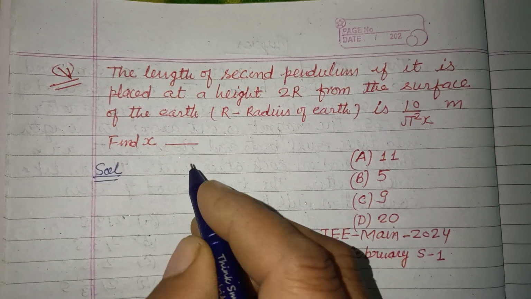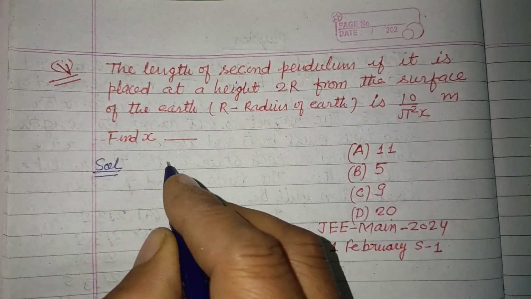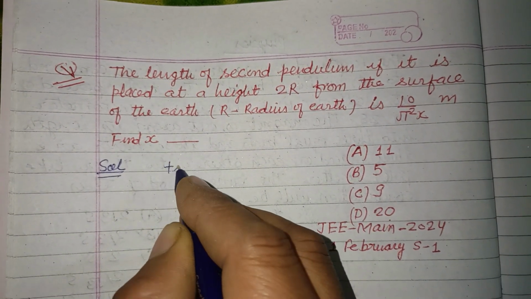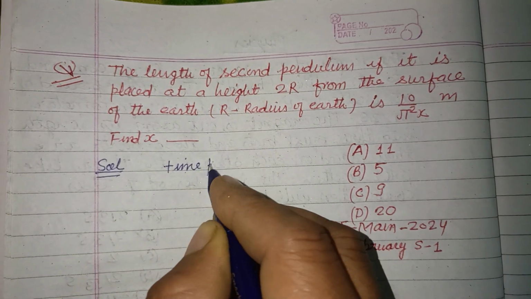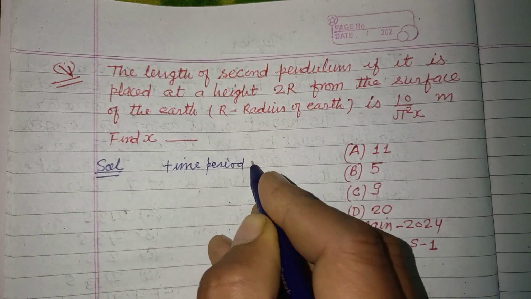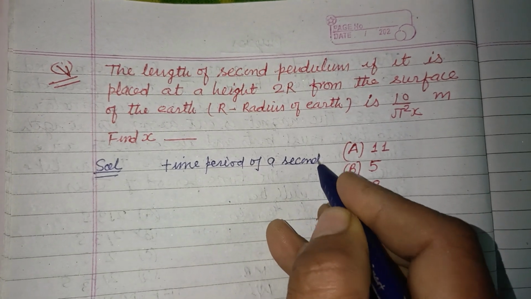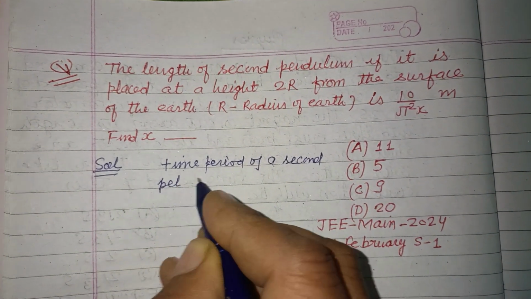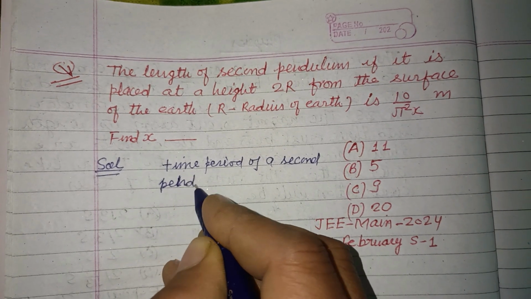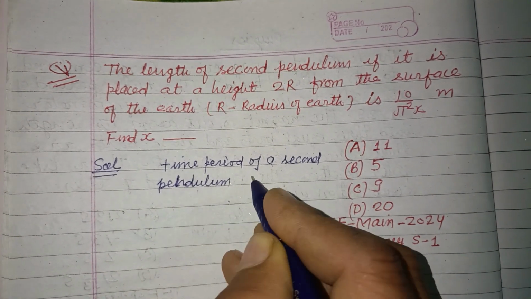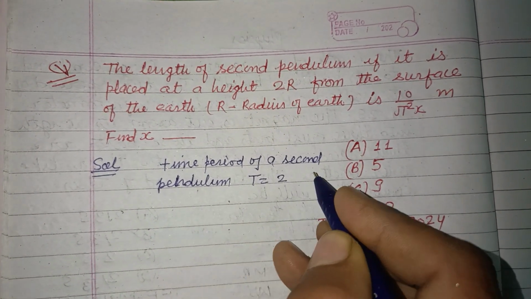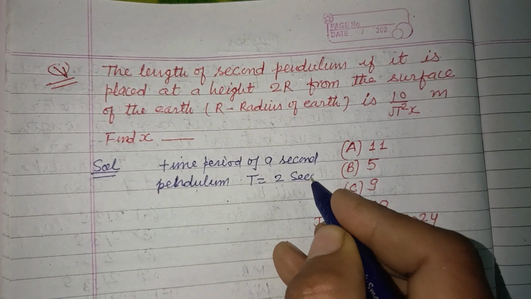So students, here we have that the given pendulum is a second pendulum. So the time period of a second pendulum is T equal to 2 seconds.